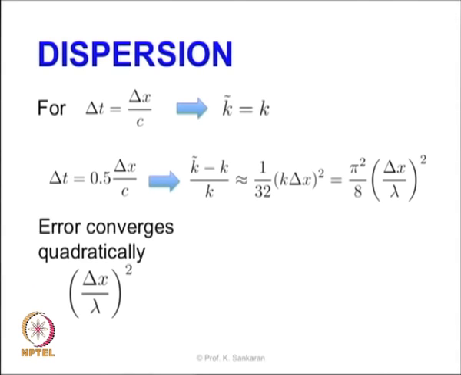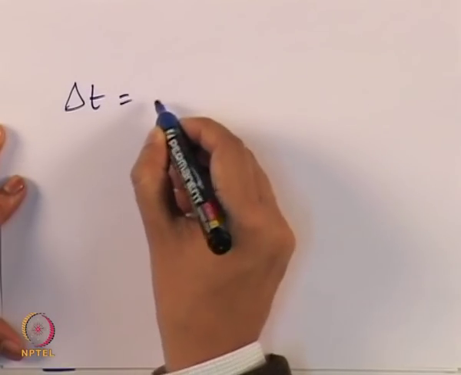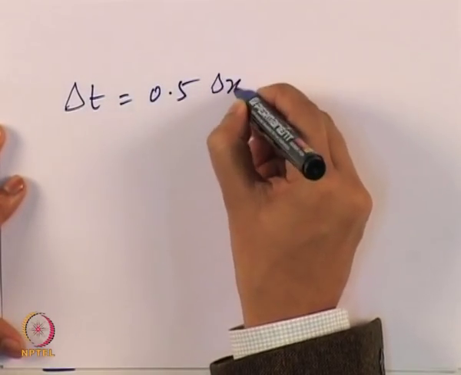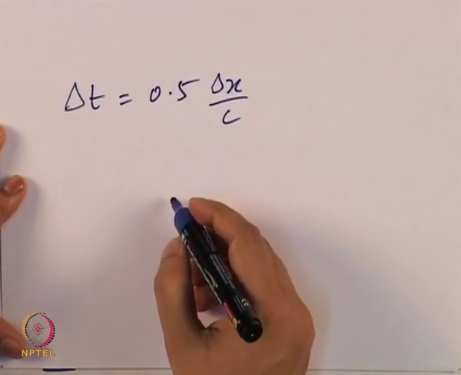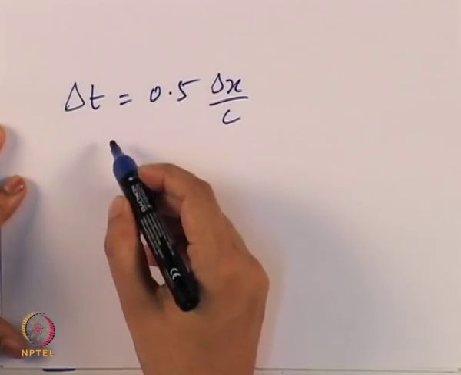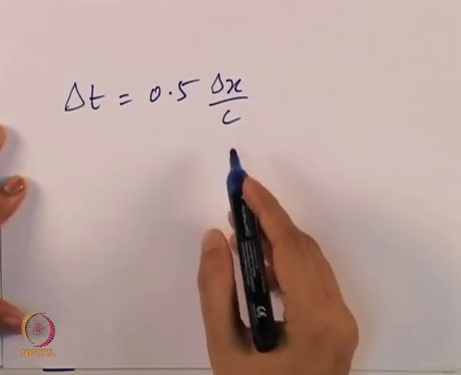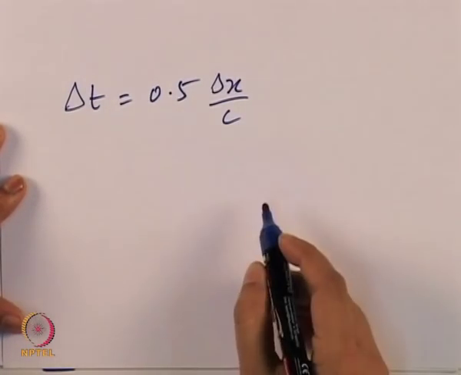In other words, if I go with this time stepping, my error will converge quadratically as a function of delta x. So if I say delta t is equal to 0.5 delta x by c, then I can reduce the error if I reduce the value of delta x step by step. So then the error will converge in a quadratic manner.